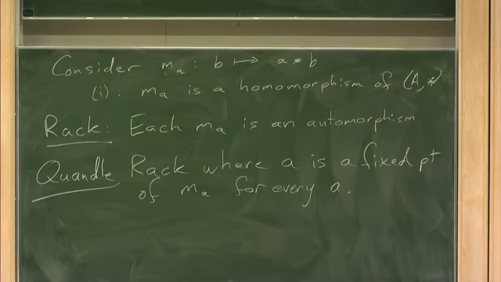So that's the intuitive way to say it. The axiom way to say it is very easy. It's just that A star A equals A. Idempotent, right. Yes, exactly. So a rack with idempotence is a quandle.